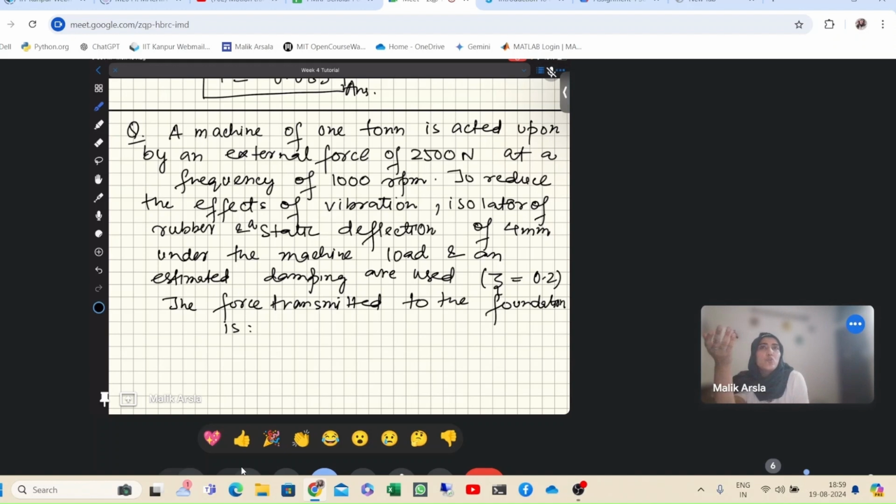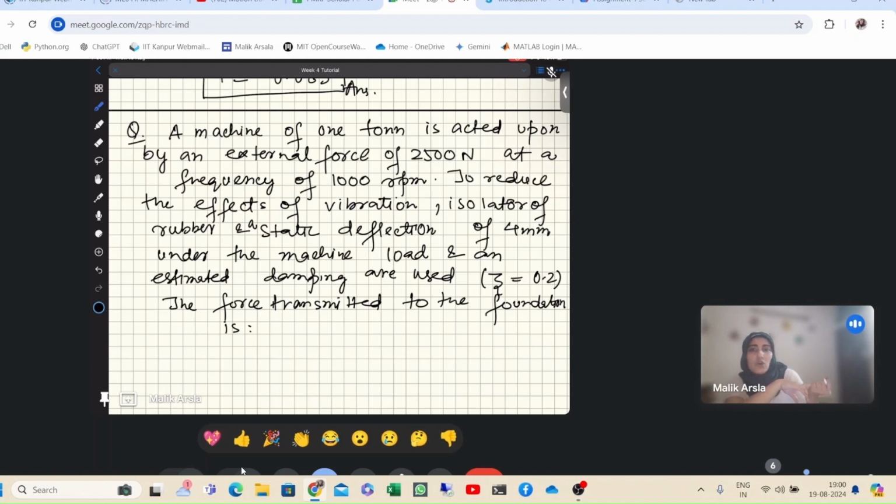Now we know that this force will be transmitted to the surrounding structures, and we do not wish that. So we want to eliminate that. To reduce those effects we use an isolator of rubber, and it has a static deflection of 4 mm under the machine load.